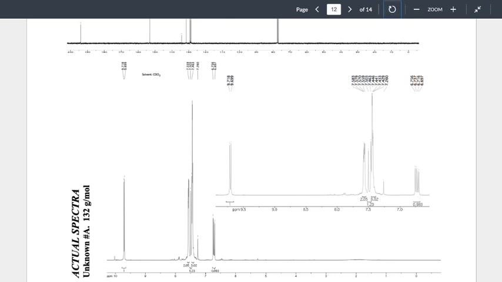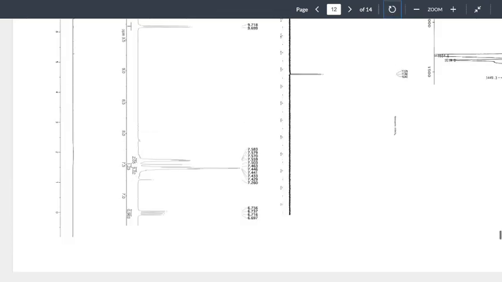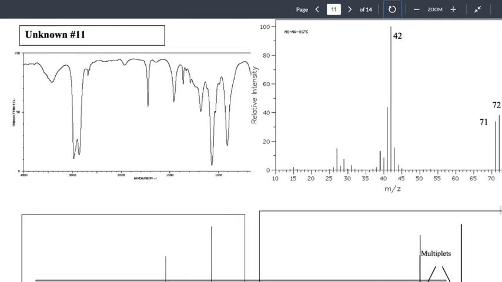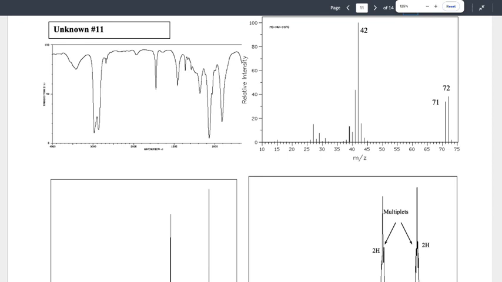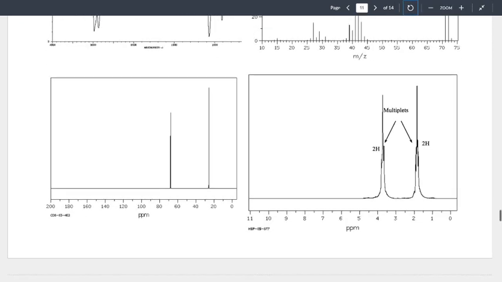It can be given to you underneath. It can also be given to you as that H thing, because that's how I'll give it to you. And then you will also get something like this. This particular one is a nice easy one to do it for. You'll be given that and expected to interpret.